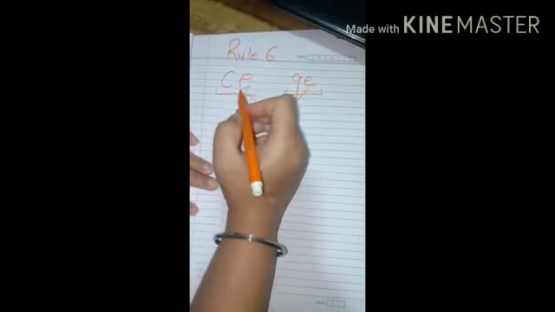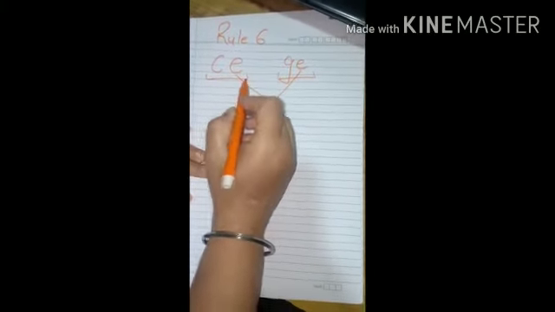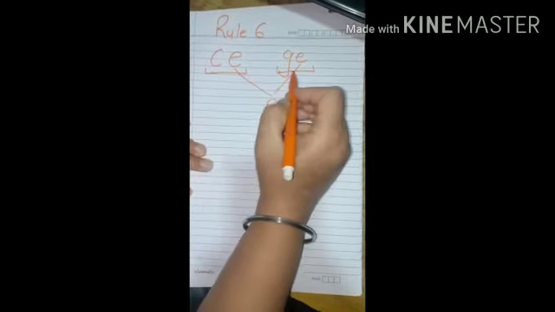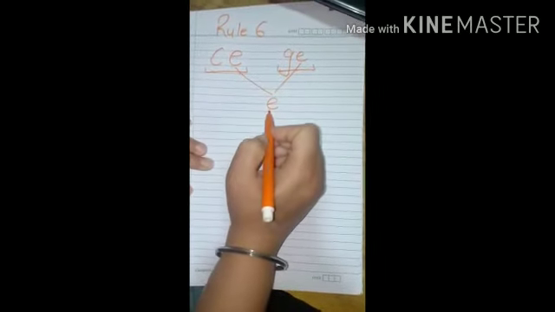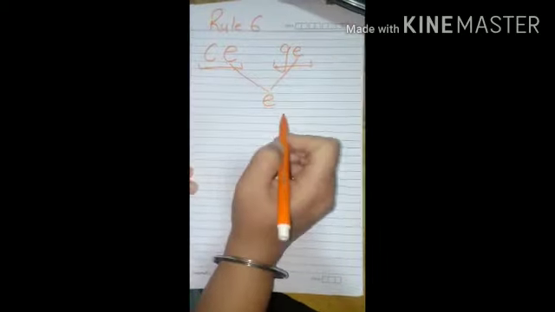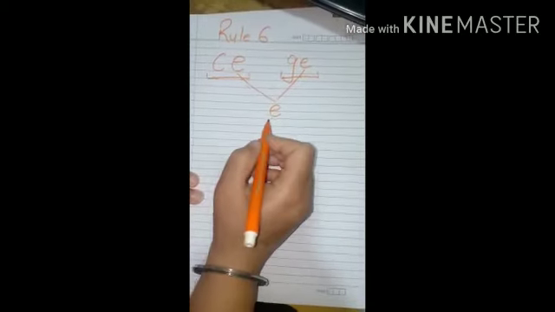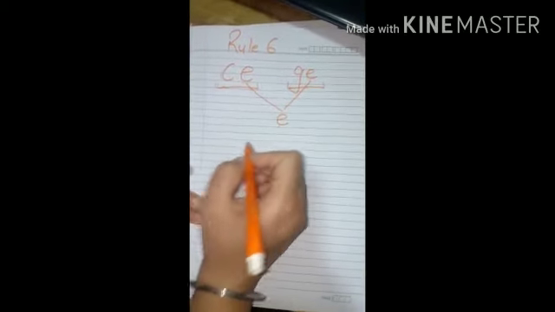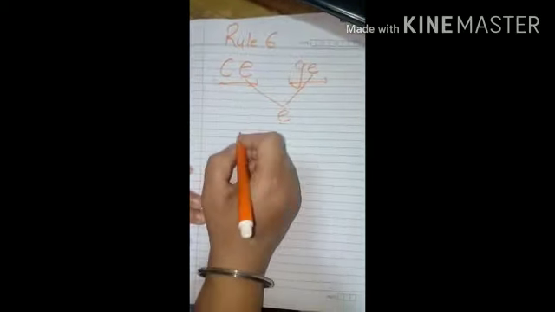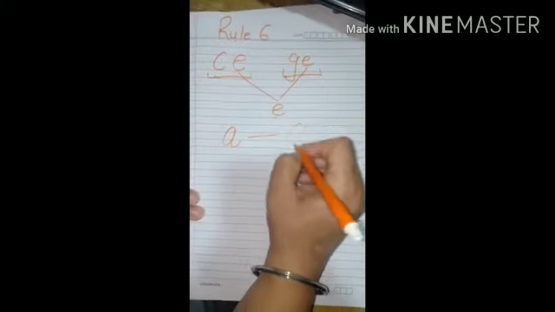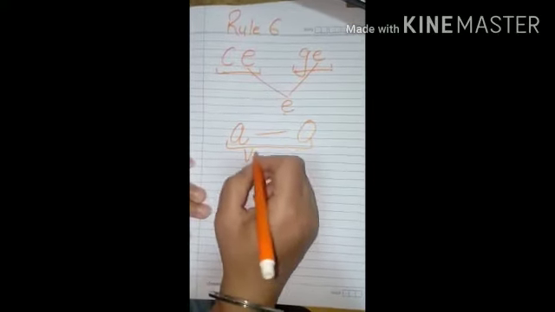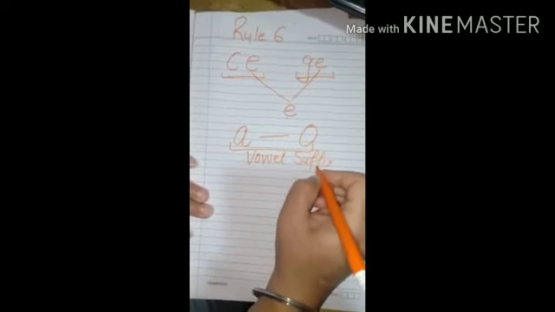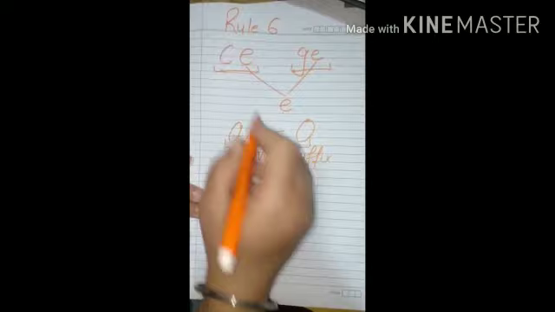Rule 6. Whenever the base word ends with CE or GE, we are going to keep this E with us when we make a new word. But you have to ensure that the vowel suffix that we are going to add must start with A or O. So there are two conditions.